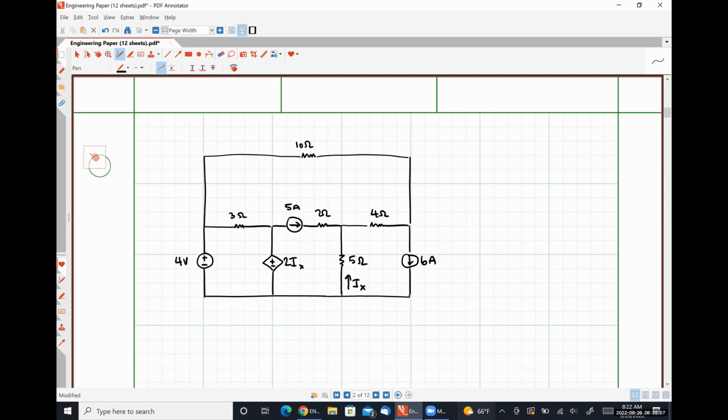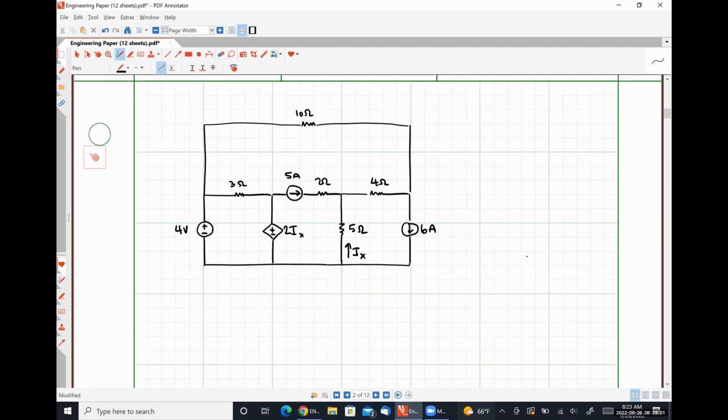All right, so this is our circuit that we are going to analyze here. I am going to lump steps 1 and 2 together, and we are going to identify and label our mesh currents.